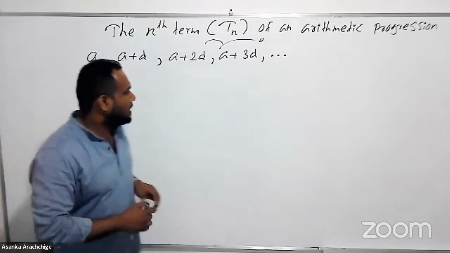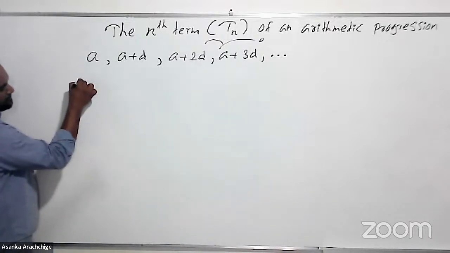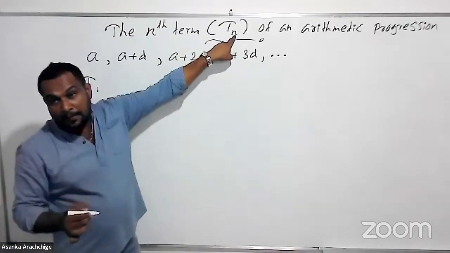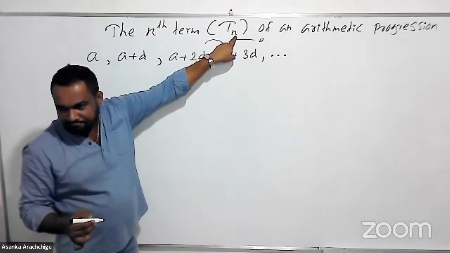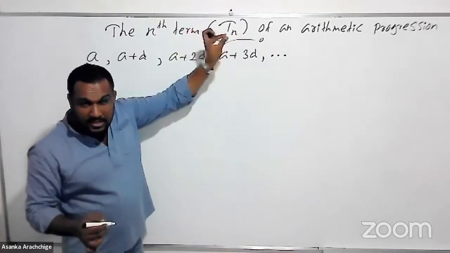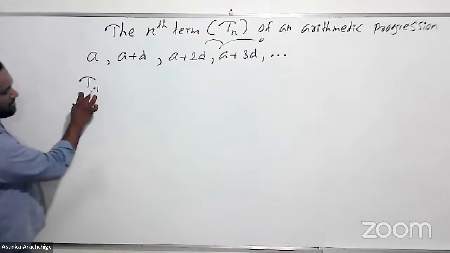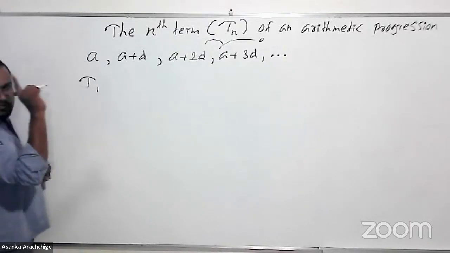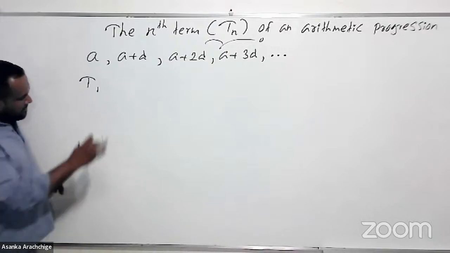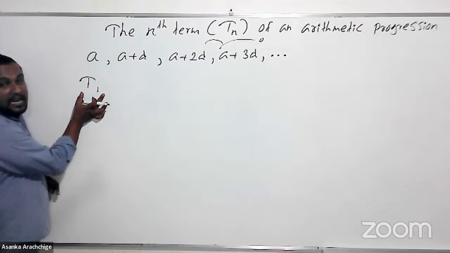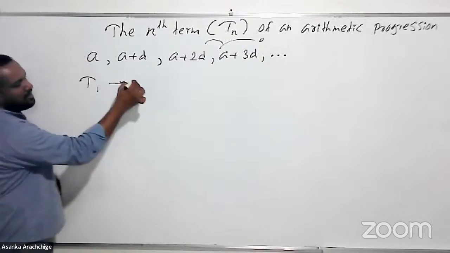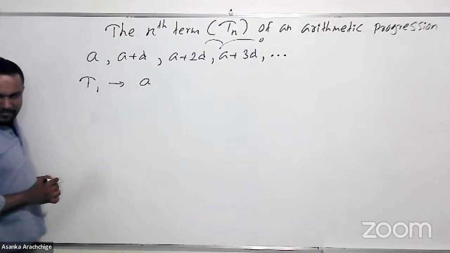N is the place value, the position value. Tn means nth term, the term which is in the nth place. Then what is meant by T1? The term in the first place, which is called the first term. So, what is the first term in this pattern? A. A is the first term.